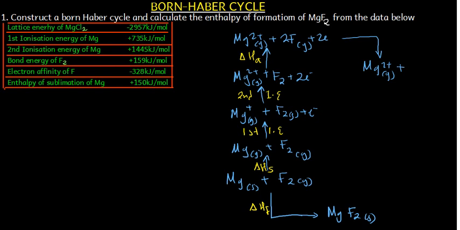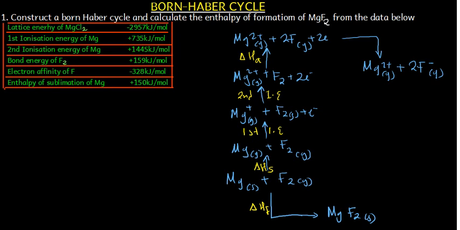And then when the 2 fluorine atoms take in those 2 electrons, we are going to have 2 fluoride ions, like that. So these are still in gaseous state. Now when a gaseous atom gains electrons, the energy change involved is called the electron affinity.